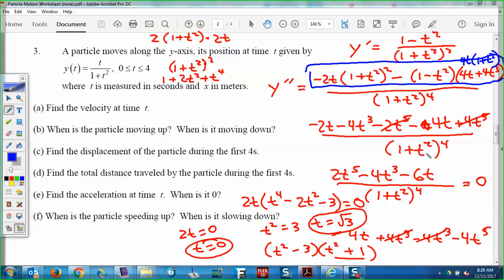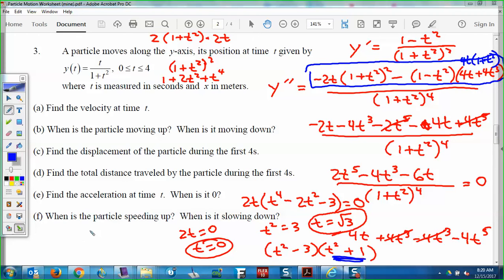Pulled that outside. That would have been this 1 plus t squared right here. And then I'd have had a little bit simpler stuff left, and I wouldn't have had to FOIL as much, right? Like I did all this stuff. So I could have taken out a 1 plus t squared up there, okay? And actually then canceled it with one of those, you know? So there's some things I could have done that might have made life a little easier there without doing as much FOIL, but, okay? All right, so anyway, when is it 0?